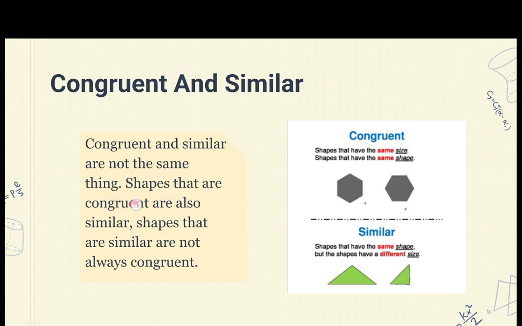Shapes that are congruent are also similar, but shapes that are similar are not always congruent. This is a congruent figure, where the shapes have the same size and the same shape. Similar figures only have the same shape but can be a different size. For example, this triangle is bigger. They're both triangles, but this one is much smaller.